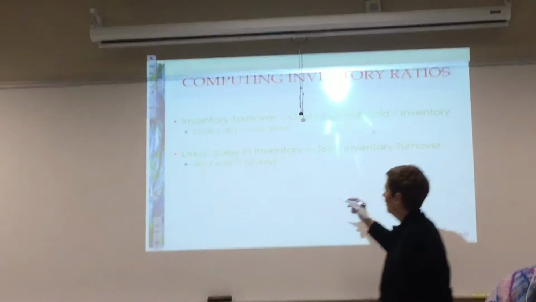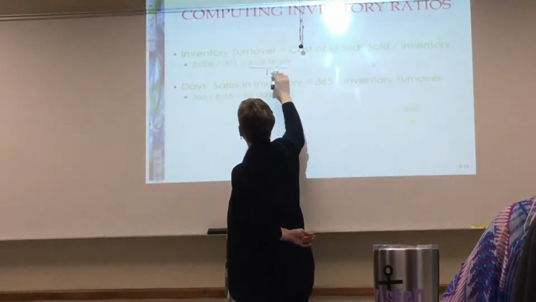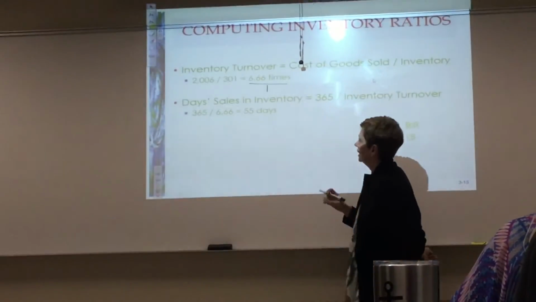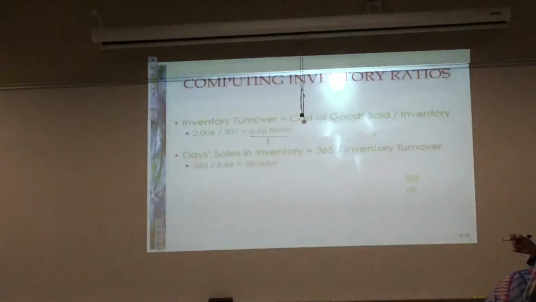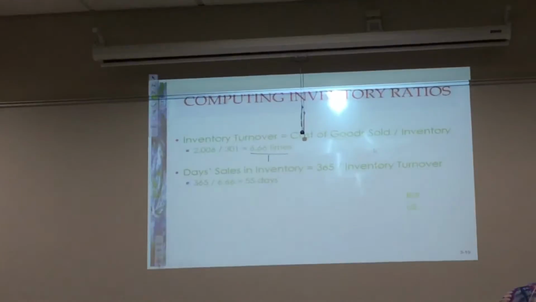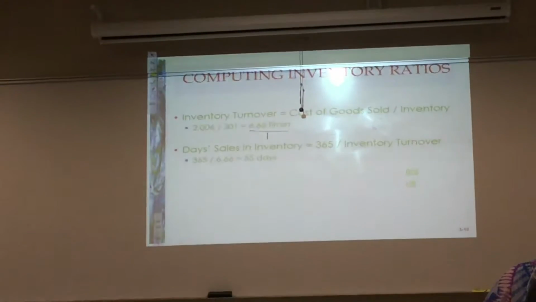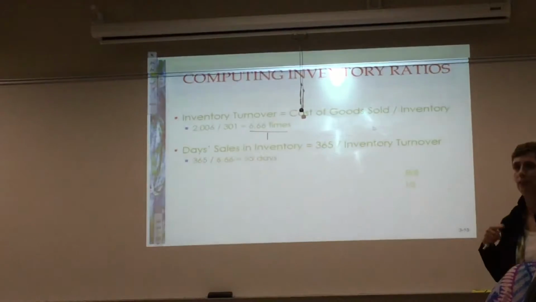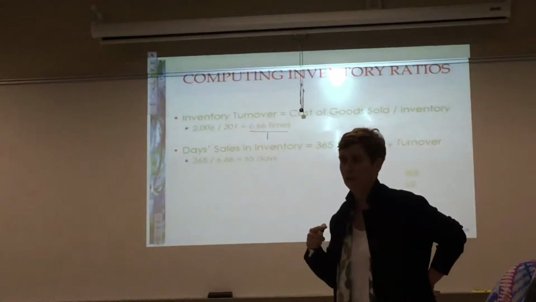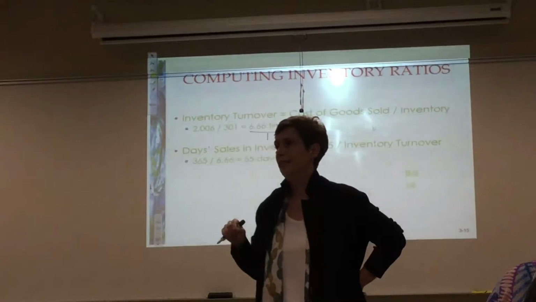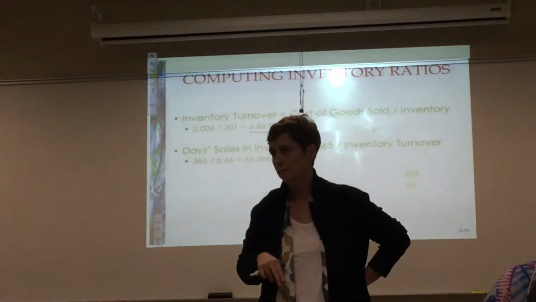That means that for every $1 of inventory, we've got 6.66 times in cost of goods sold. I really think it's hard to think about that number as an inventory turnover. It says that we're basically turning our inventory over almost 7 times per year.